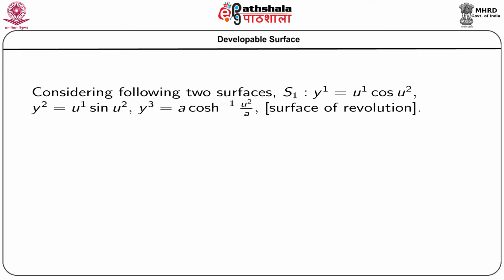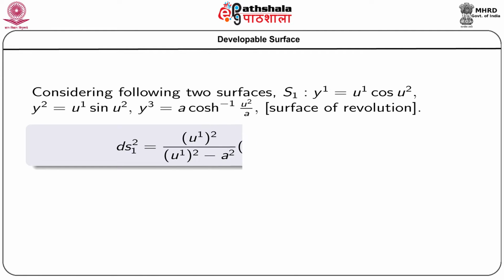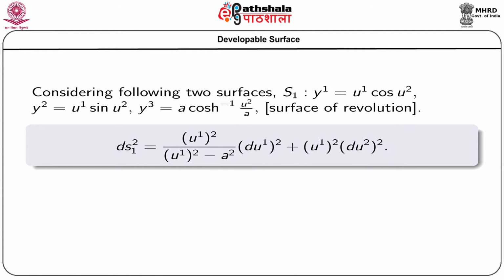Its first fundamental form, if we calculate, you get the expression u1 square by (u1 square minus a square) du1 square plus u1 square du2 square.